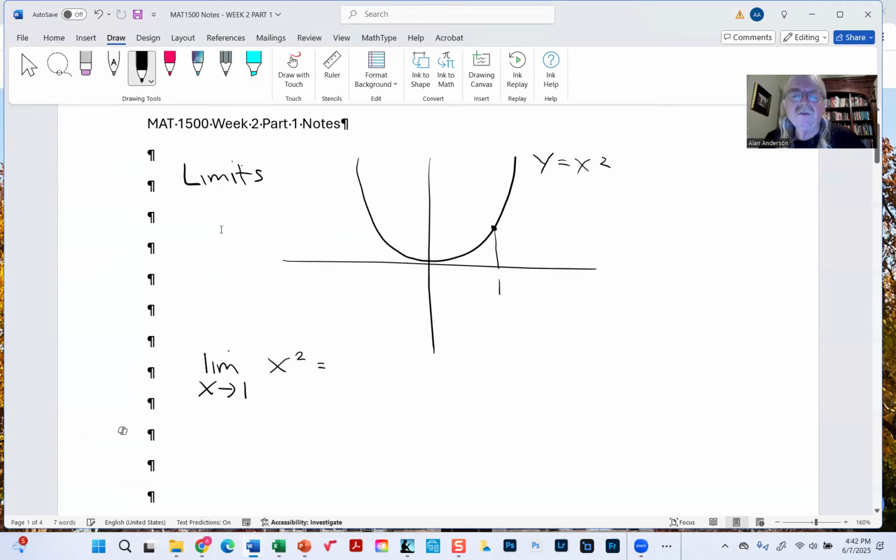Since the function is continuous, or at least it's continuous at this point, then all you have to do is solve for the function at x equals 1. In other words, in this case, it's just 1. So for continuous functions, calculating limits is going to be very straightforward for the most part.